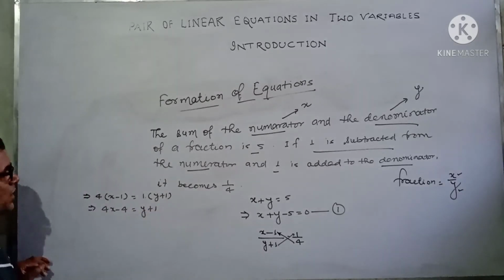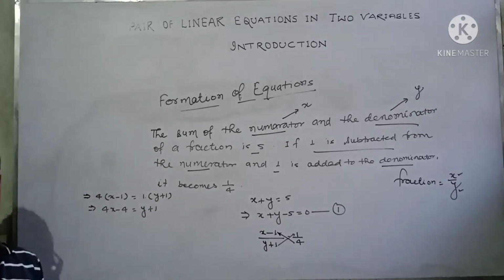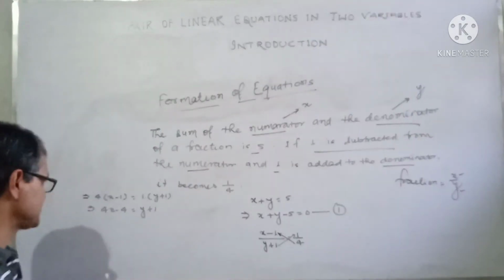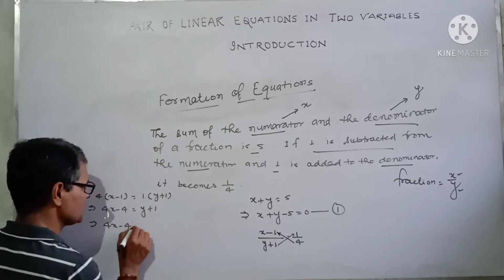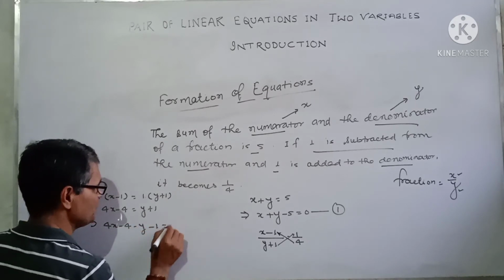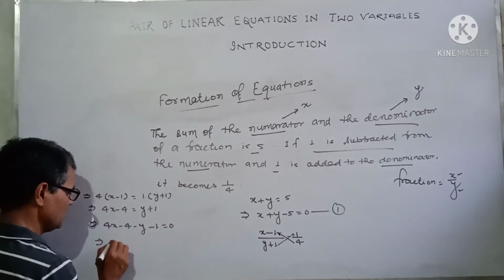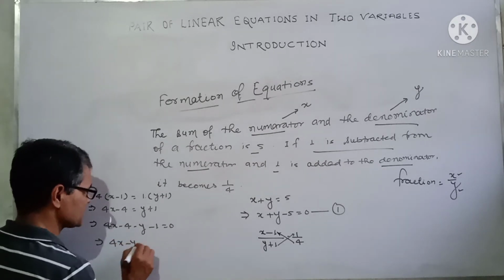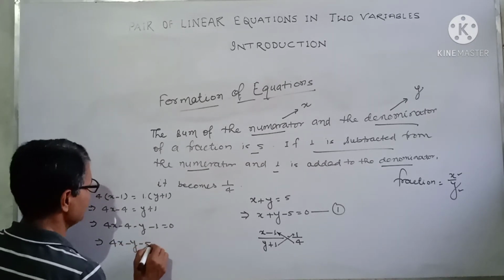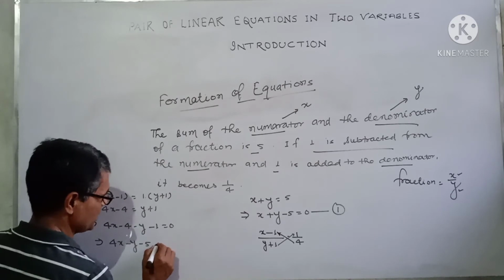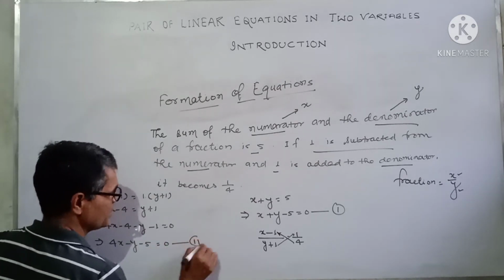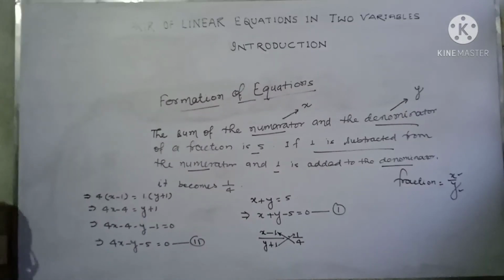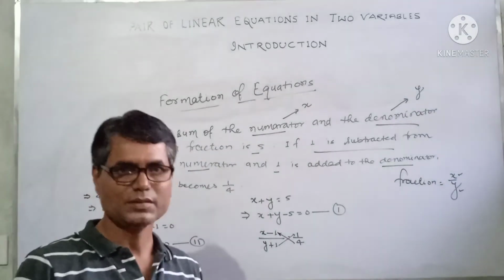When you shift all the terms from the RHS to the LHS, you get 4x minus 4 minus y minus 1 equal to 0. That will be 4x minus y minus 5 is equal to 0. This will be your second equation. Understand?